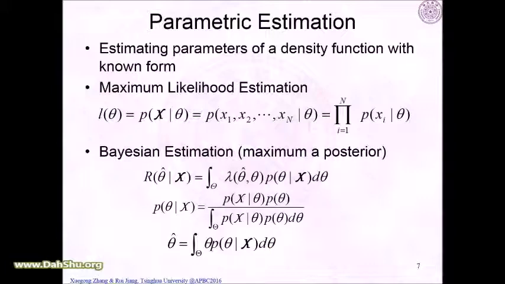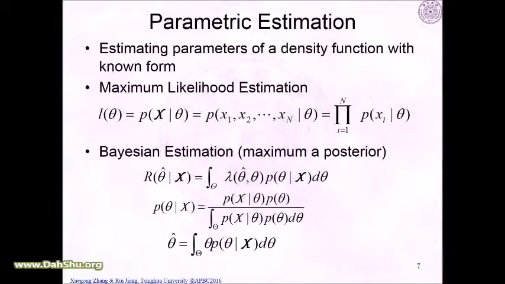And the other idea for doing this estimation is the Bayesian approach. That is the maximum a posteriori approach. We want to maximize the posterior probability, the distribution of the parameter.